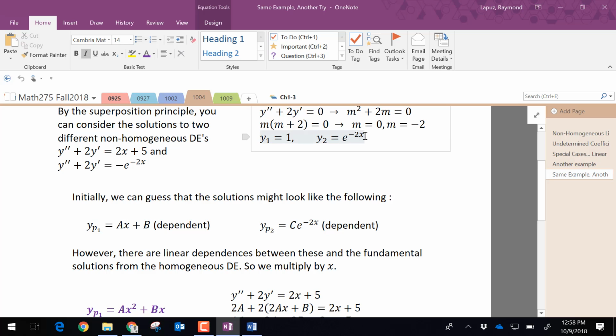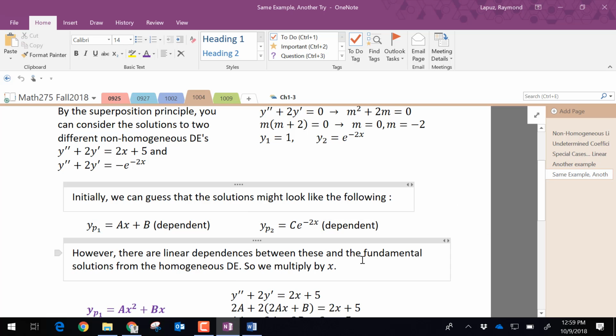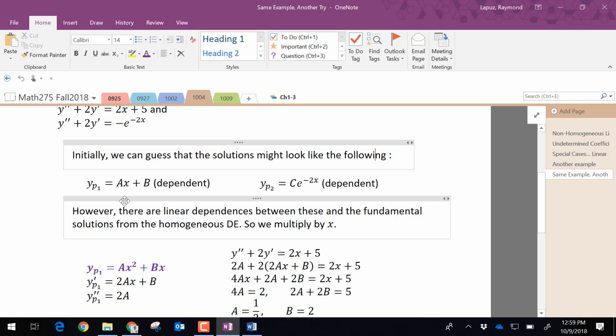The way this works is that if one of your fundamental solutions matches the guess that you have, or one of your fundamental solutions is linearly dependent with one of the guesses that you have, you need to multiply it by x. Okay, so by multiplying this by x, our y sub p sub 1 will be ax squared plus bx.